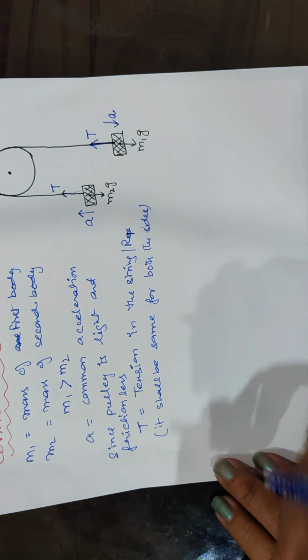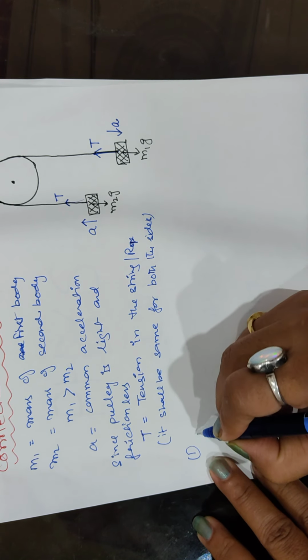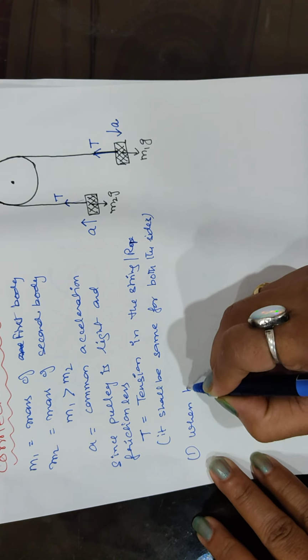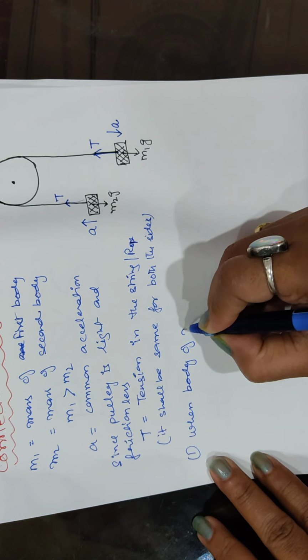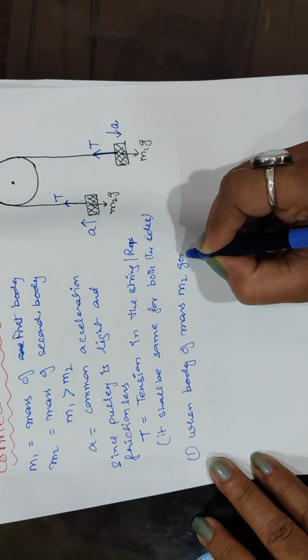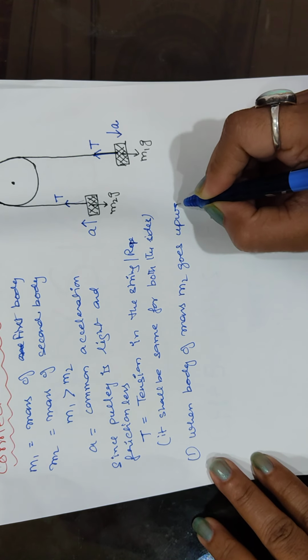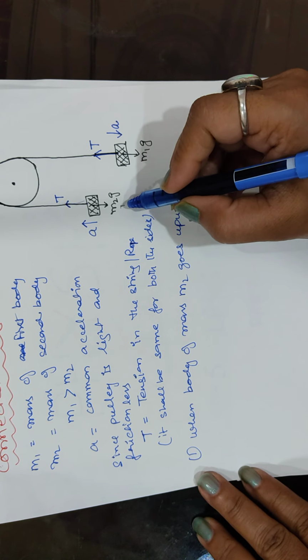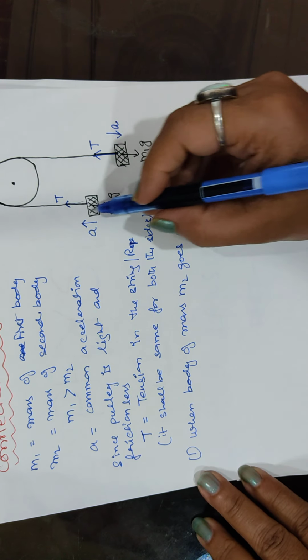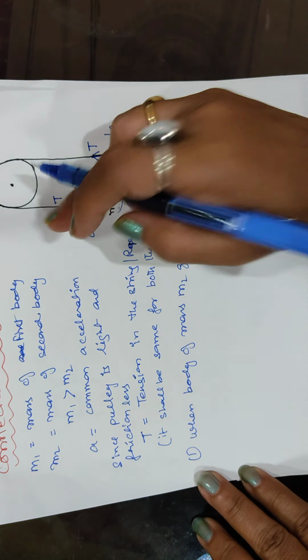Okay, now the forces which are acting on it. Number one, when the body of mass m2 goes upward, because it has less mass than m1, so definitely it will move in upward direction.